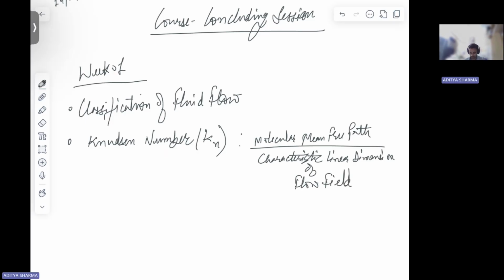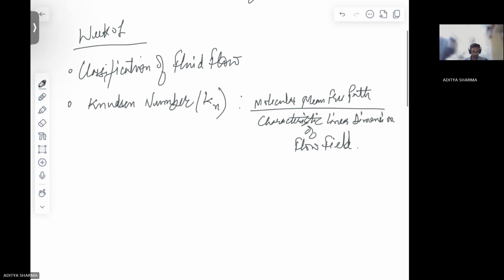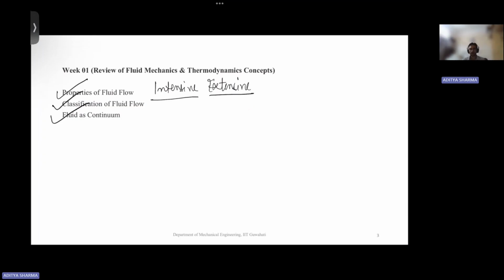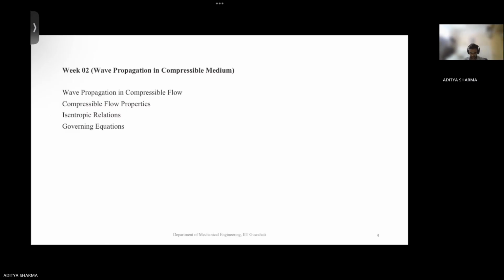Okay, so this is your Knudsen number. So for fluid to be continuum, this has to be less than 0.01. So this is there. Then, so this was the introduction of basic concepts.